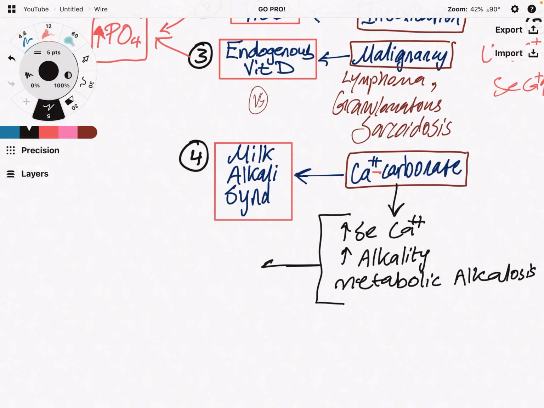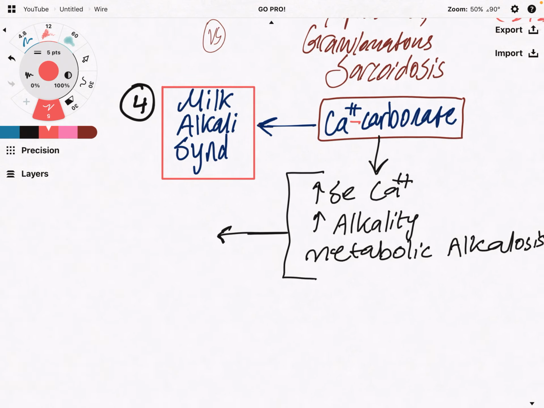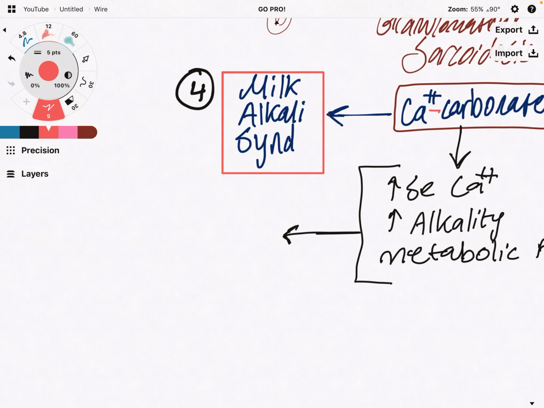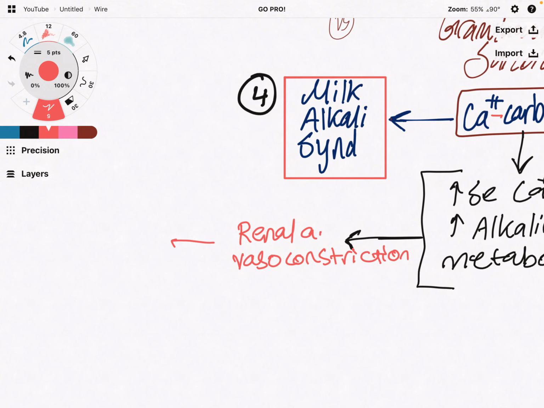Okay, so what happens when this patient consumes these supplements is that the high serum calcium together with metabolic alkalosis can lead to renal artery vasoconstriction, right? When this happens, this is going to decrease the GFR.